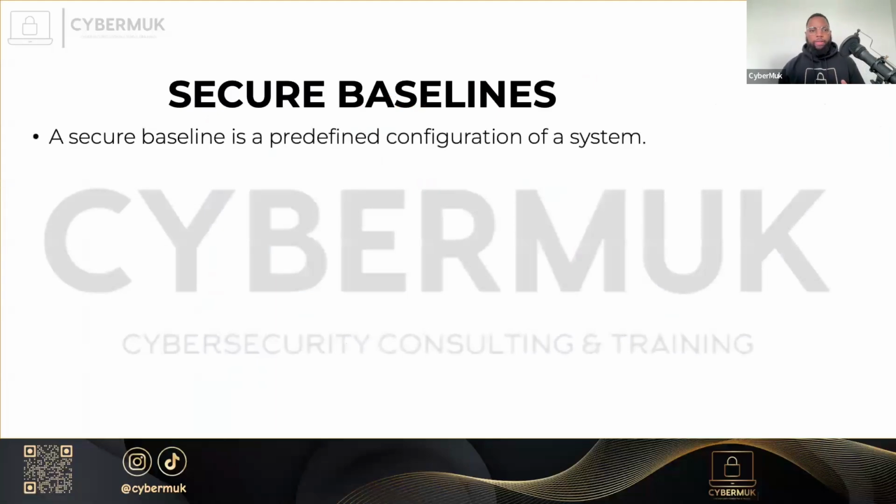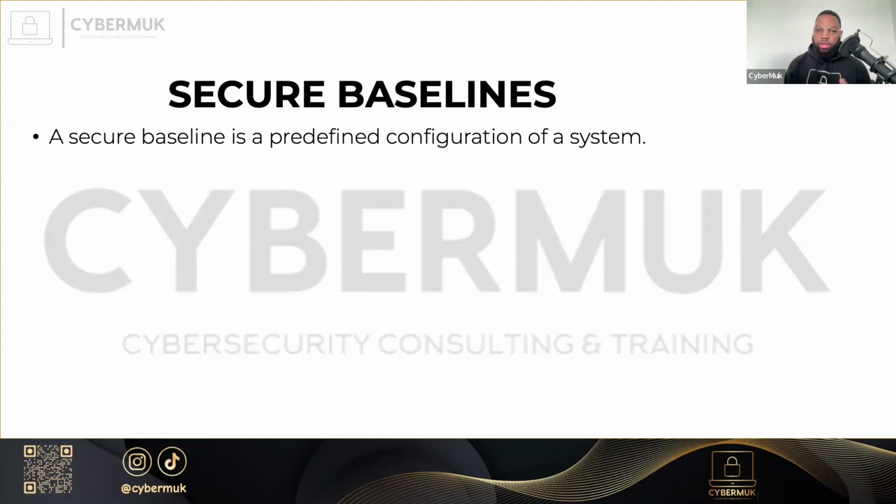What is a baseline? A baseline is a predefined configuration of a system. So imagine you're building an apartment complex, for example, and you tell the contractor you want every bedroom to have minimum configurations of at least 6 feet windows, 12 feet wide, and whatever configurations you suggest, but you want that on every bedroom everywhere.